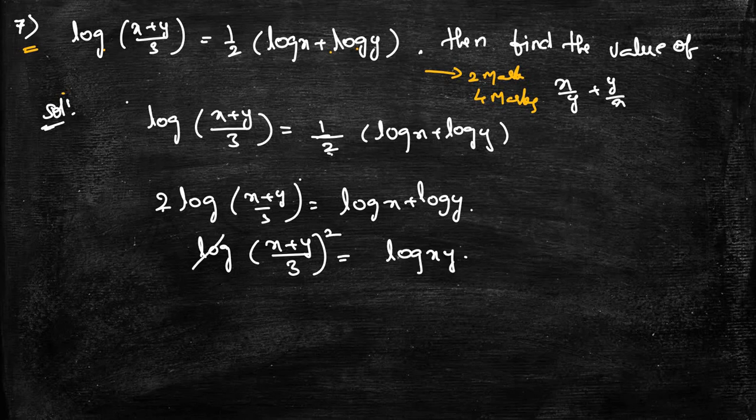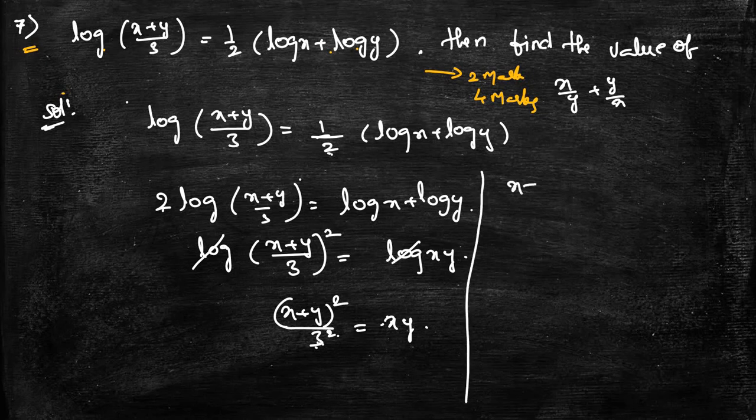So log will get cancelled. So (x plus y) whole square by 3 square is equal to xy. So this 3 square goes there, and 3 threes are 9, 9xy. So I will write here (x plus y) whole square is equal to 9xy.